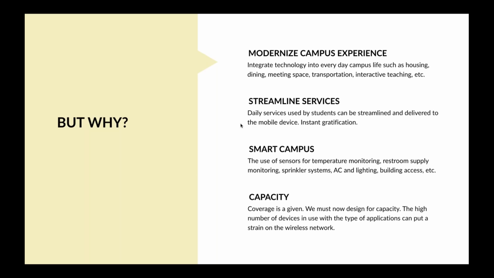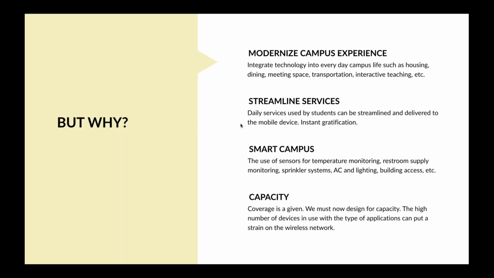There's people wanting to see sprinkler systems on Wi-Fi. There's AC and lighting, trying to make that more efficient, and trying to figure out how often people are occupying spaces. There's people using Wi-Fi for that, and also a lot of thoughts around using Wi-Fi for building access. So if you put your badge on your mobile device that we always carry, maybe when you get near the door, it would just open it for you.